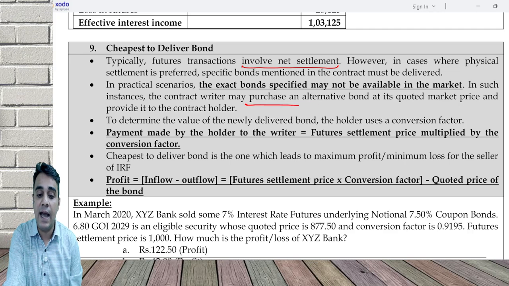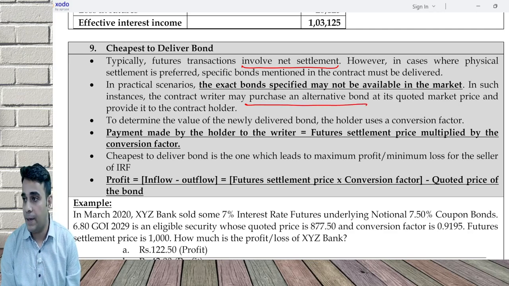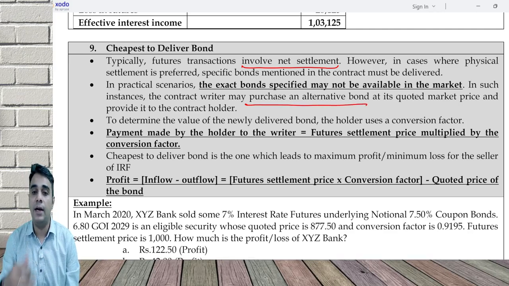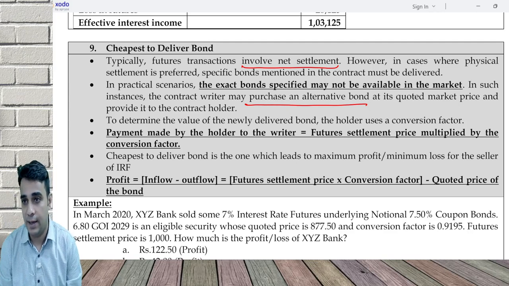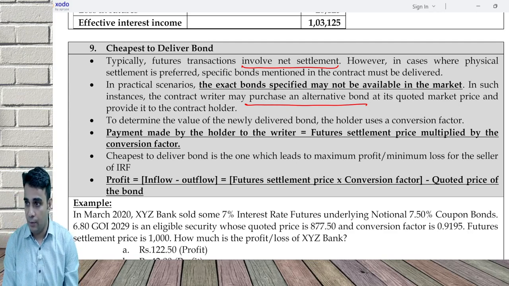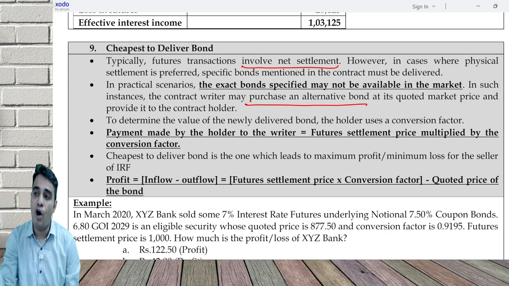He may purchase an alternative bond and give it to the holder. The holder is saying, you are giving me something else, why should I accept? So the exchange will give something called a conversion factor. They'll say that one bond is equal to 0.95 bond of this or equivalent to 1.25 bond of this.